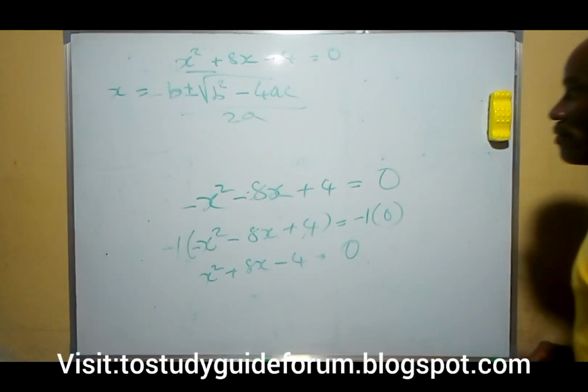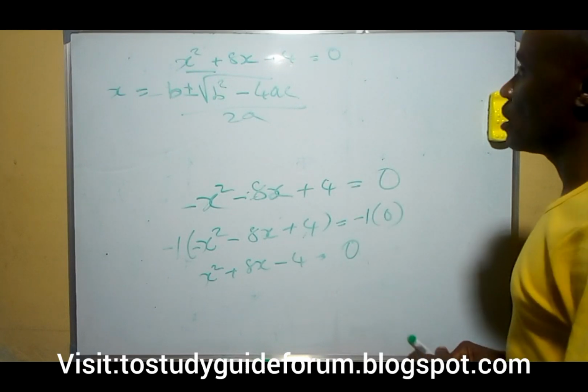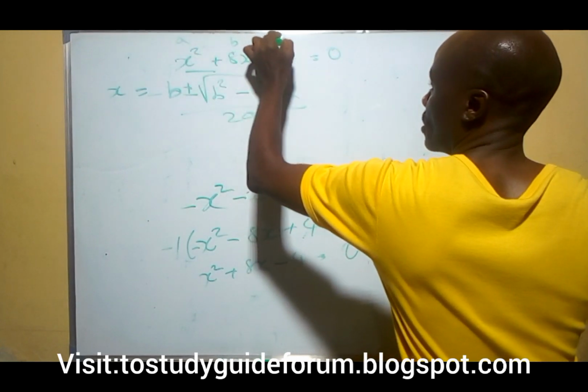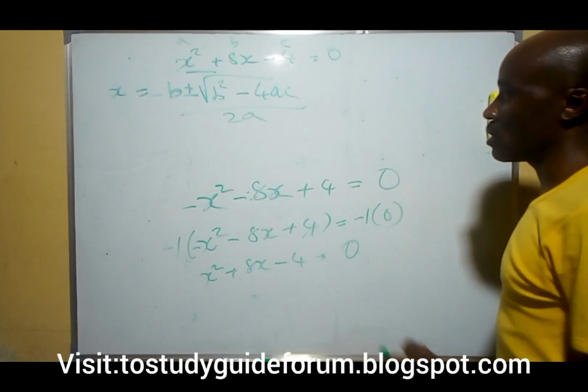This is the formula method. Then we substitute: this one is our a, this one is b, and this one is our c.